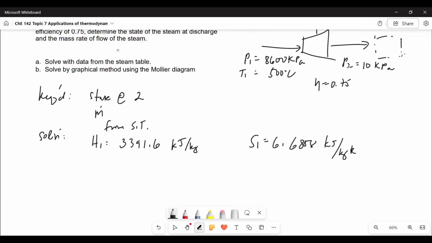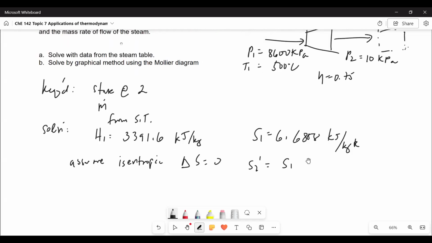We have no clue. But we can assume an isentropic expansion, so that this process happens isentropically. So if that's the case, delta S is zero, and therefore S2 prime is equal to S1, where prime refers to the isentropic expansion. So S2 prime equal to S1 equal to 6.6858 kilojoules per kilogram Kelvin.